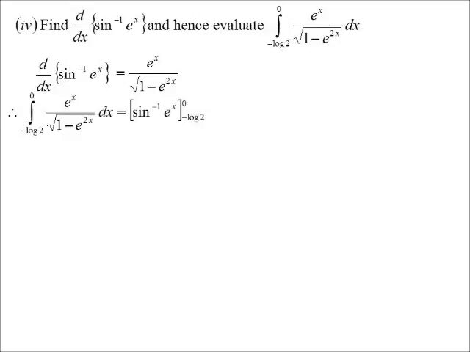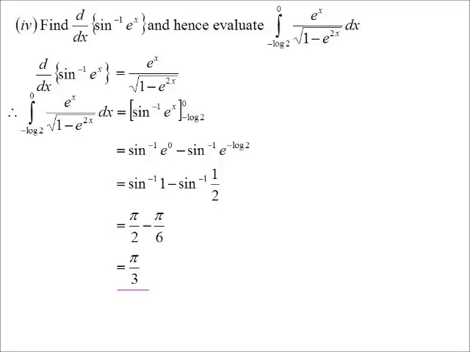Therefore, if I integrate e to the x on the square root of 1 minus e to the 2x, I get inverse sine of e to the x. Now, subbing in minus log 2 to 0. So, inverse sine of e to the 0, well, e to the 0 is, of course, 1. Inverse sine of 1 is pi on 2. Inverse sine of e to the minus log 2. Right?